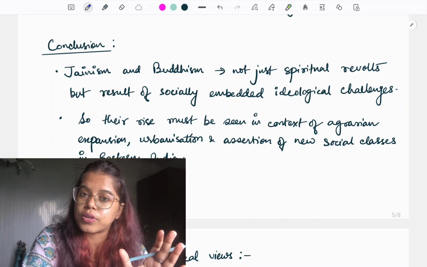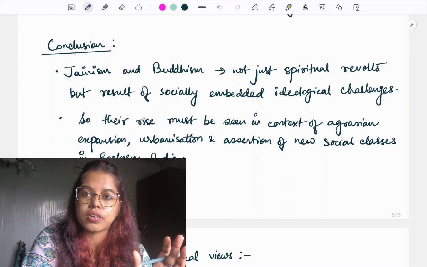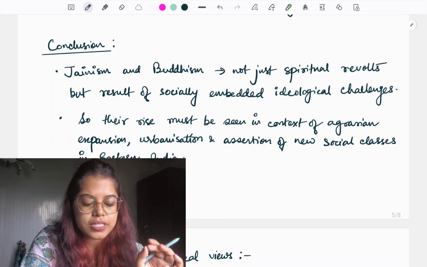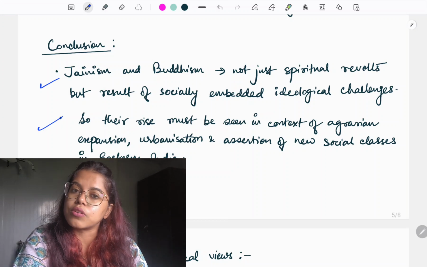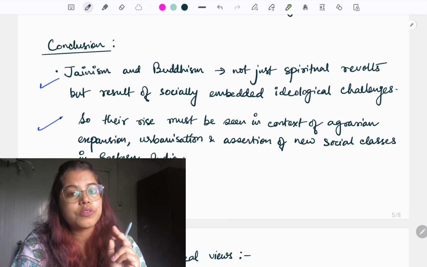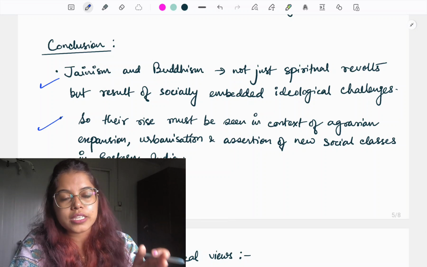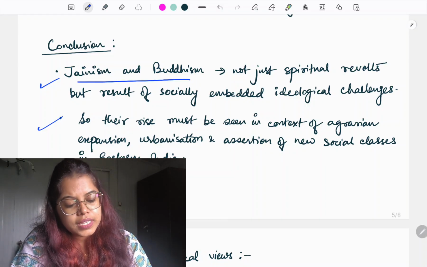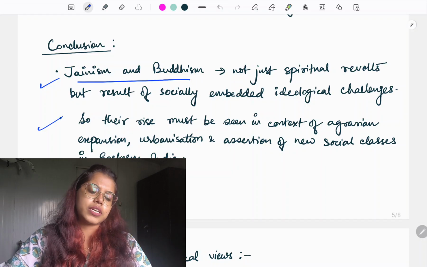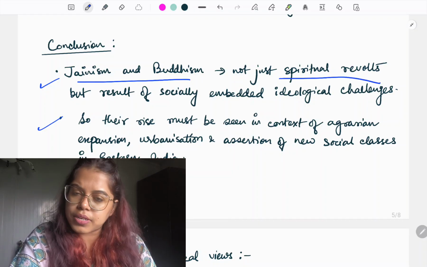So I have not written a model conclusion here. What I have done is, I have mentioned 2 points that should be there in your conclusion. So based on what I told you, you write your own conclusion and include these points, right? For example, in a gist, Jainism and Buddhism were not just spiritual revolts.